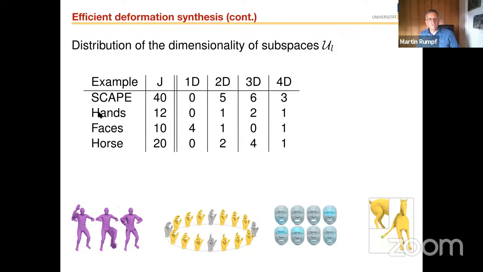And differently for the hands with 12, the faces with 10, the horses with 20 modes, we have this type of size of dimensionality of the subspaces, and therefore exponents used in the number of lookup table entries.